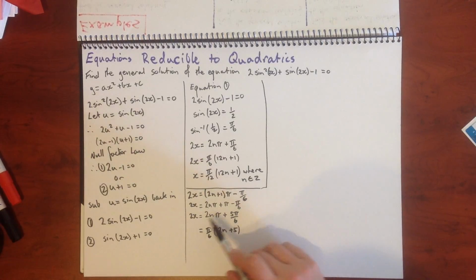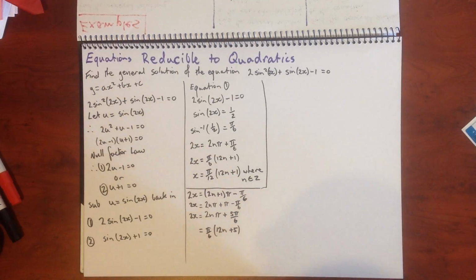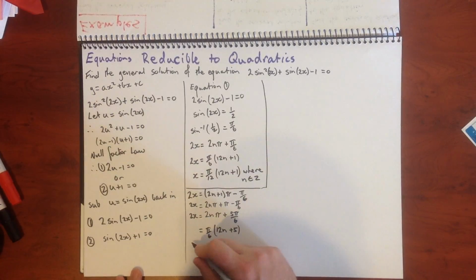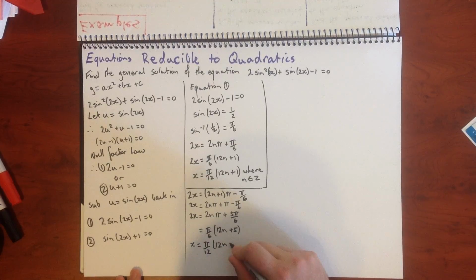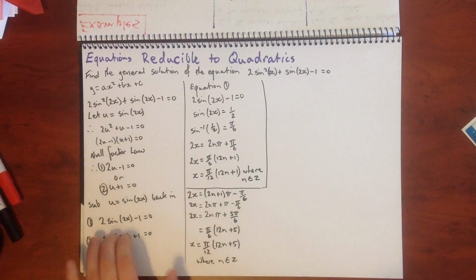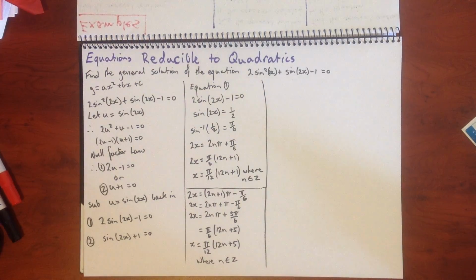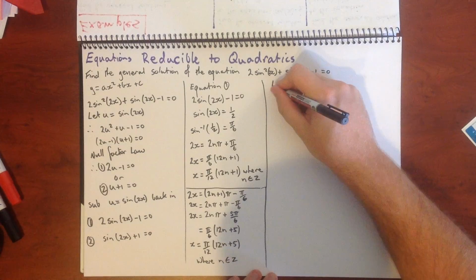We don't want to just take out pi and leave this as 5 on 6, because then we've still got a fraction in our bracket, so we want to get rid of that. Now we simply divide by our 2, we get x equals pi on 12 outside of 12n plus 5, again where n is an element of z. So that was working with equation 1. However, we've got to work with equation 2 as well. So working with equation 2.